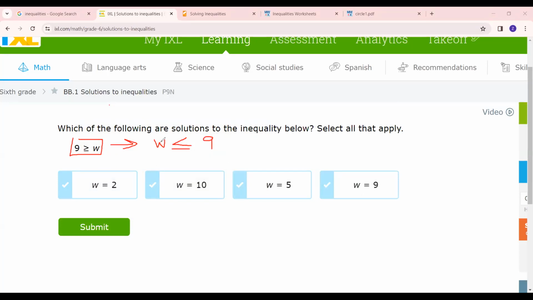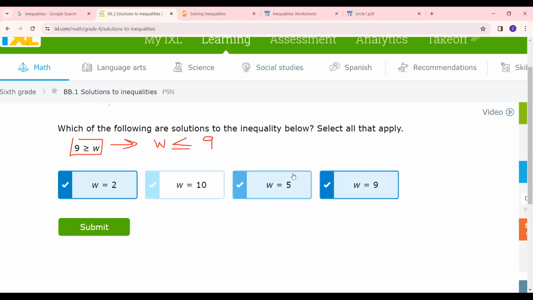Good. So if W is less than or equal to 9, which ones will work? W equals 9, W equals 2, and W equals 5.